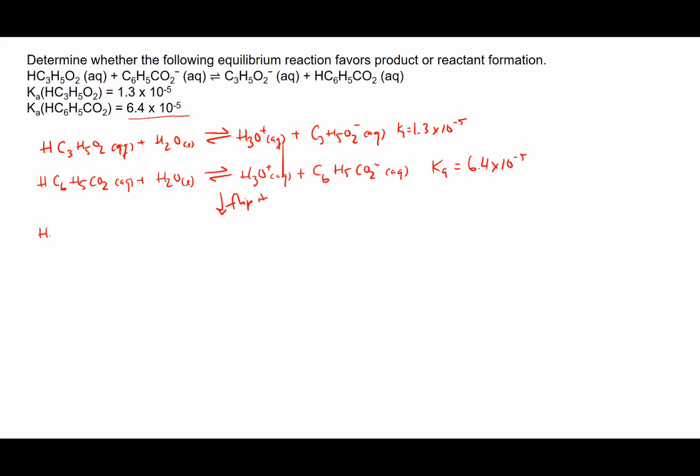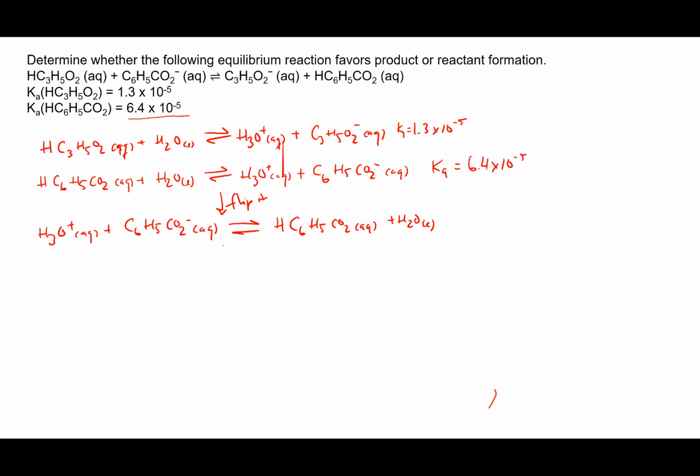And so what we'll have as our reactant now is H3O plus aqueous plus C6H5CO2 minus aqueous in equilibrium to form HC6H5CO2 aqueous, since it's the acid form, plus H2O liquid.